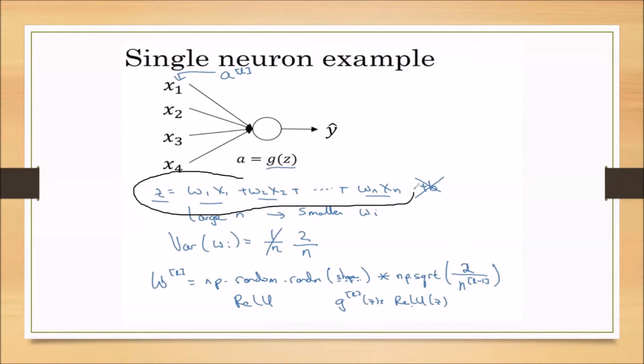Take this example. Whenever we have four features, the Z value is a combination like W1x1 plus W2x2 plus W4x4. Whenever the number of activation units in a particular layer increases, there is a chance that the Z value increases.